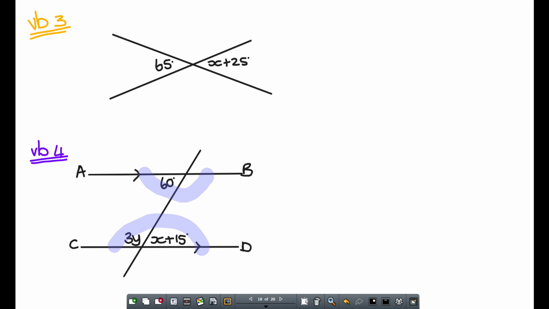Do them separately. Because in any case you can't use that rule about a revolution. At a revolution we use the rule angles around a point, so it must be from the same point, and these aren't. Okay. Right. So I'm just going to move there.